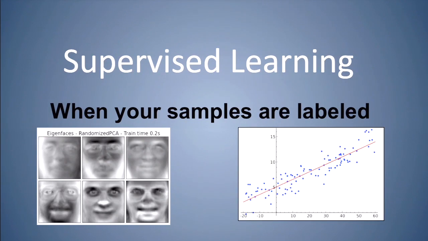Supervised learning, which is what we're going to do today, your samples are already labeled. There are two different types of supervised learning. There's classification, where you have categorical data, and there's also regressions. Regressions use continuous data.